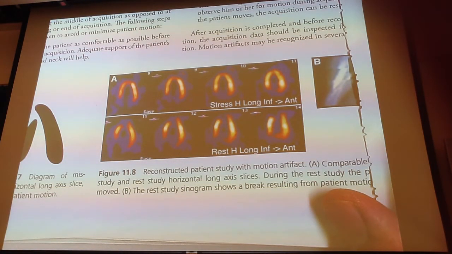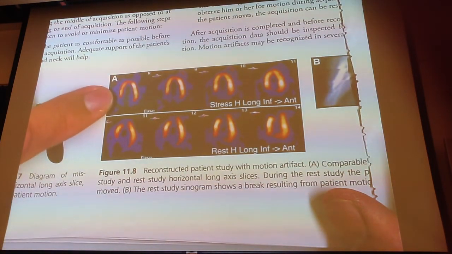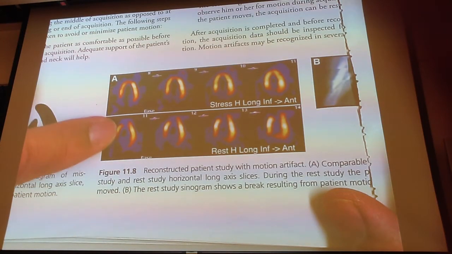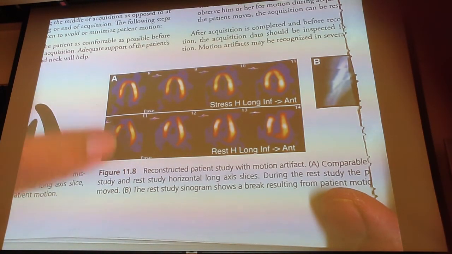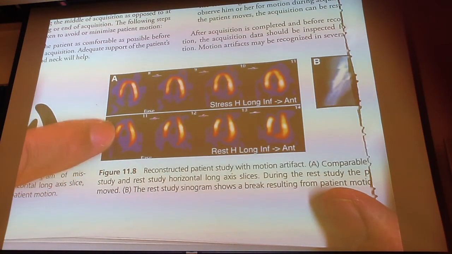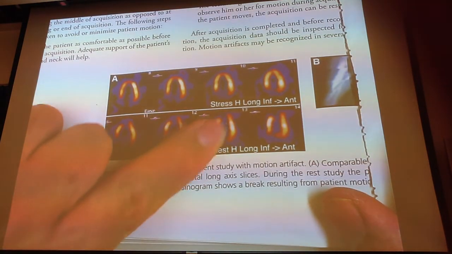One of these pictures is very good. This is the stress, and this is the rest. So my question is, which one has the motion? Rest. Yeah, the rest one, because you see how it's not aligning.